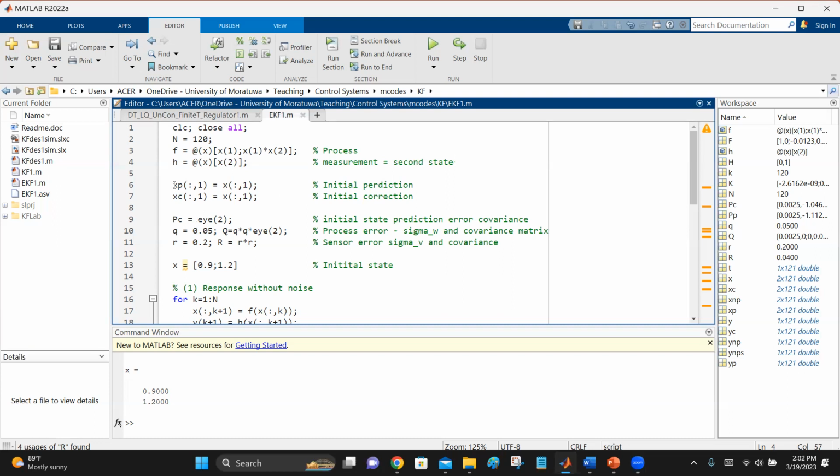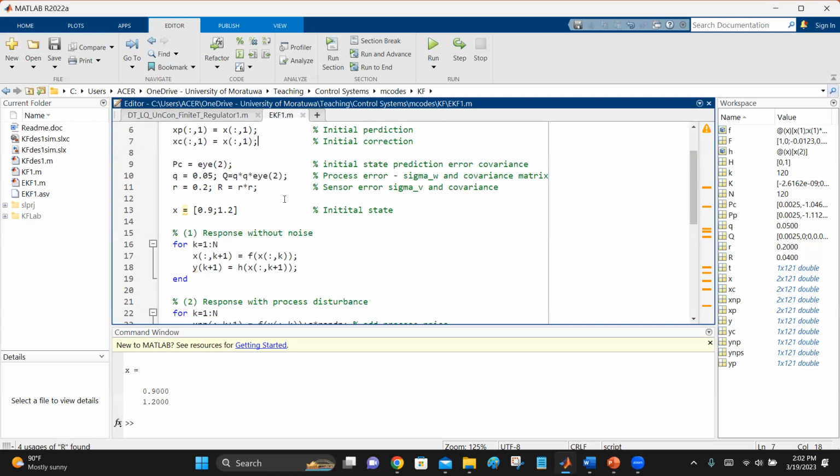So this is XP, the predicted state, at k equals 1, all of the states. And XC, the corrected state, at k equals 1. These are the initial prediction and initial correction. Because to get going, you need something initially, and you have to assume if you don't know some of these variables.